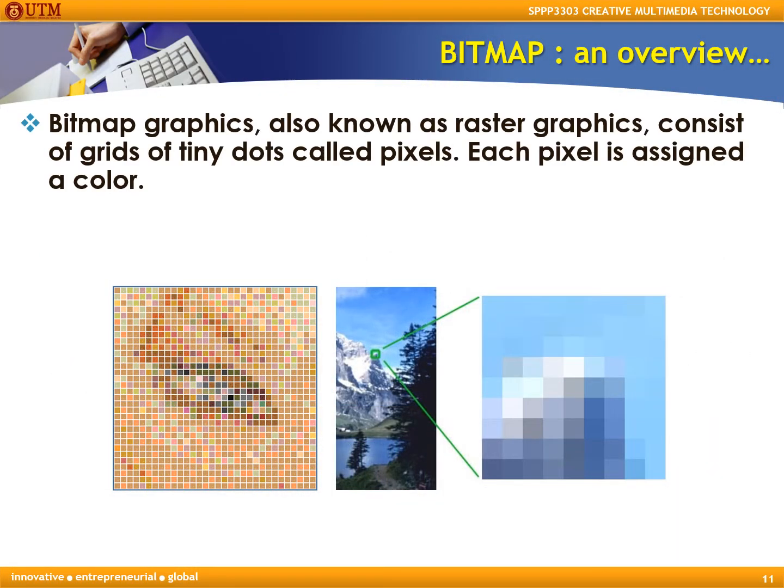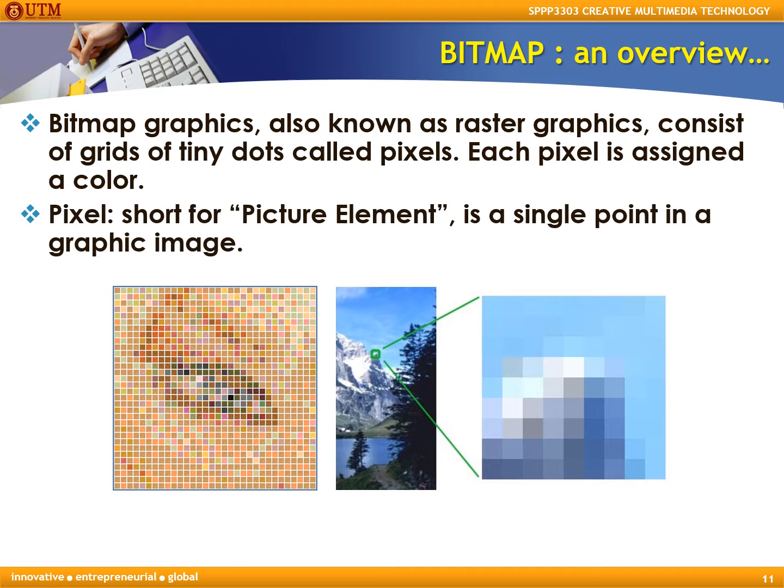Now, as you can see in these images, bitmap graphics, also known as raster graphics, consist of grids of very tiny dots called pixels. Each pixel is assigned one color. If you put these colors together, they present an image.